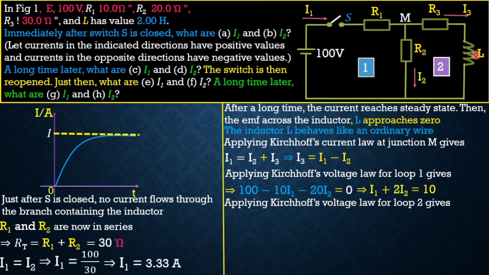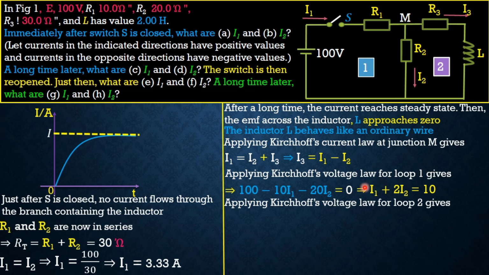Then at this point, like I said, this inductor behaves as an ordinary wire after a very long time, since the current is going to approach some maximum value where di by dt, the change in current with respect to time, is 0. Keep in mind that the current in the branch that has the inductor would otherwise be changing, so it is given as di by dt.